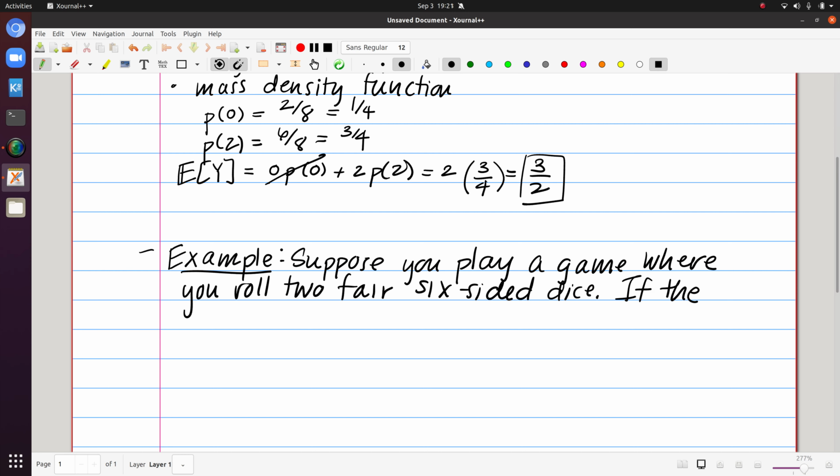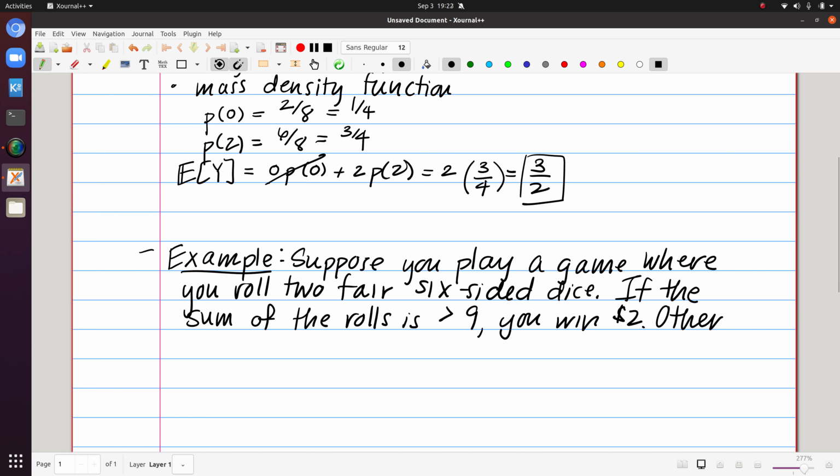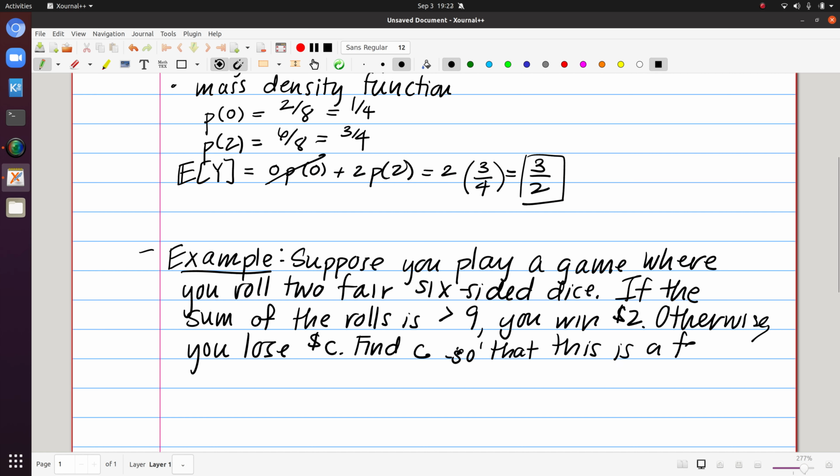If the sum of the rolls is greater than 9, you win $2. Otherwise, you lose C dollars. Find the value of C so that this is what we call a fair game.